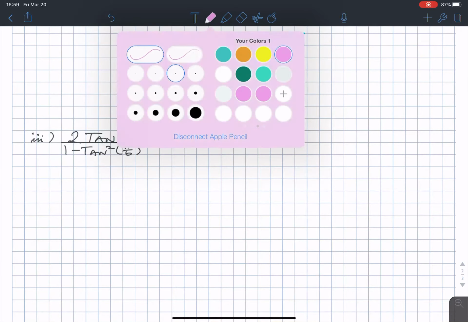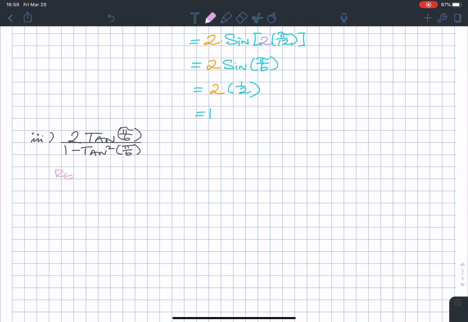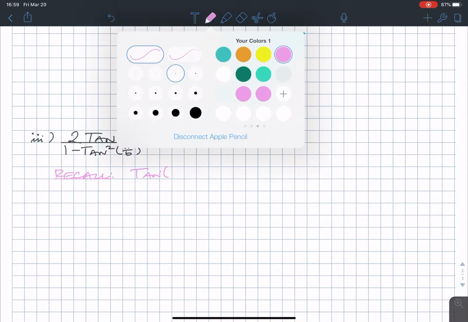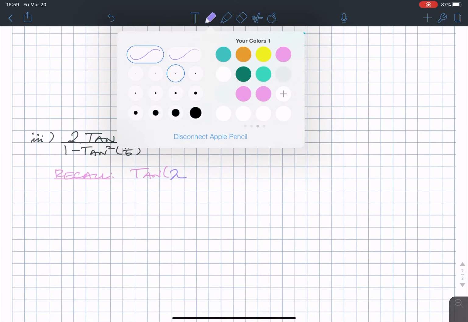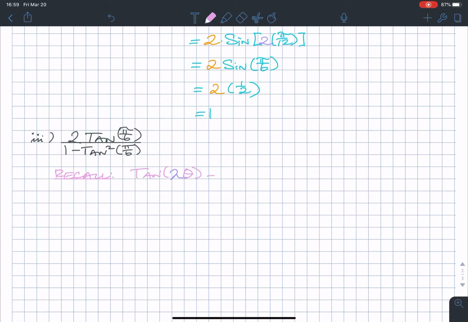Okay, so let's recall. Tangent of twice an angle, 2 theta, is given as twice tangent theta divided by 1 minus tangent squared theta.